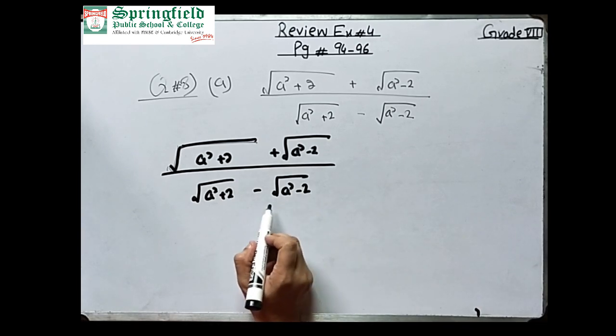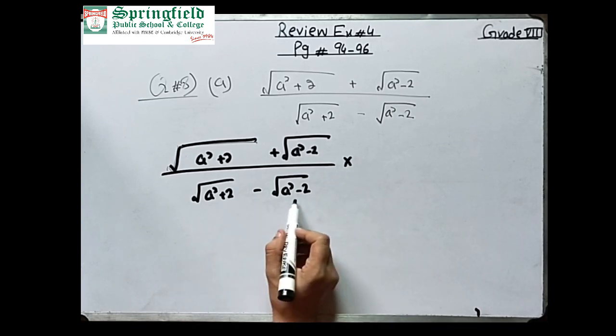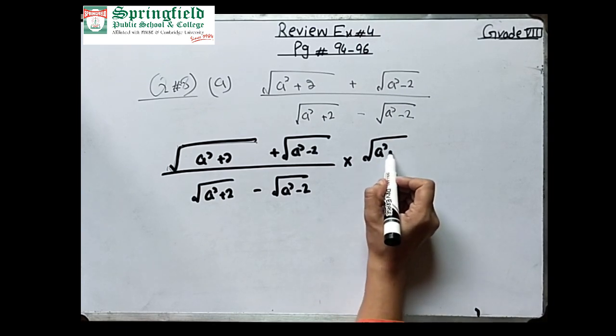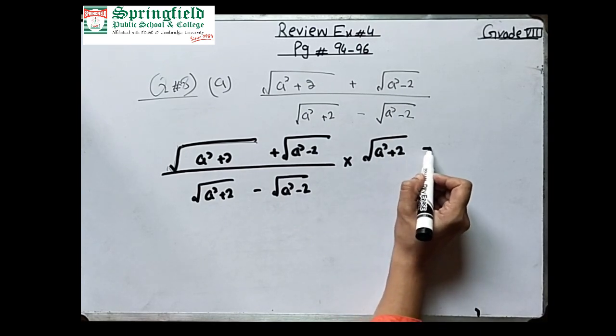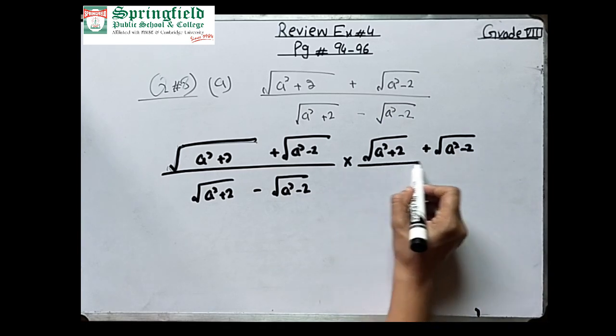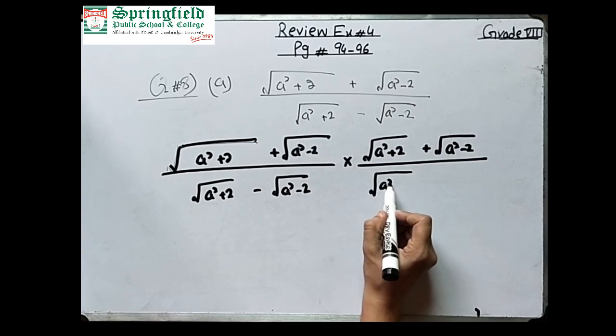Now finish this denominator. How can we finish this one? We will multiply by the conjugate of the denominator: under root a square plus 2 plus under root a square minus 2, multiplied with the numerator and with the denominator both.